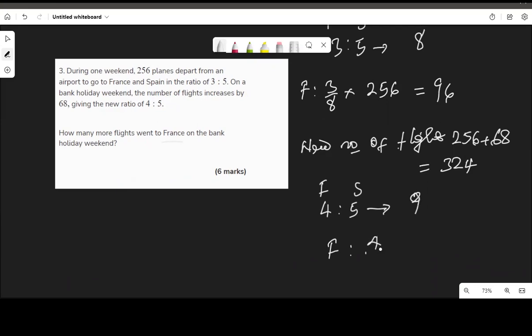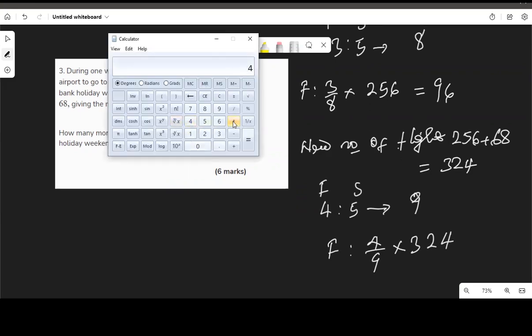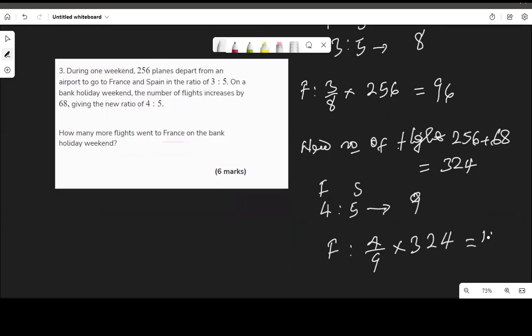So 4 out of that 9 went to France, and the total number is 324. 4 times 324 is 1296. 1296 divided by 9 is 144. 144 planes went to France that weekend.